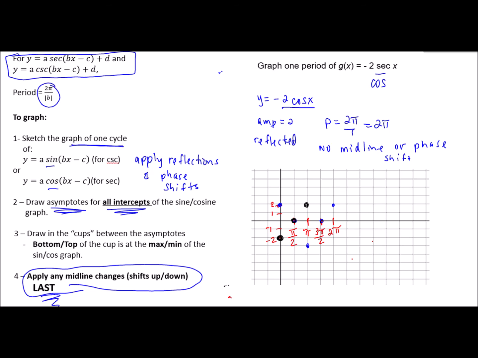Minimums become maximums, and so on. So right now, here is one cycle. That guy goes here. Okay, so here's one cycle of my cosine graph, including that reflection right there.